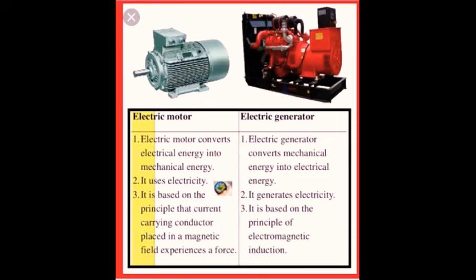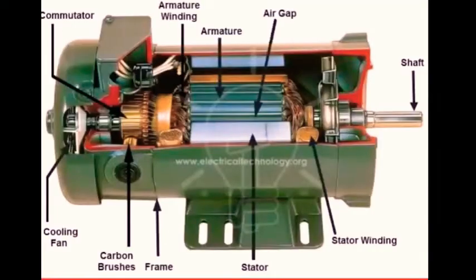Now we discuss the constructional features of any motor and any generator, and what is the difference between both of them on the basis of construction. And now we will discuss the internal structure of any motor, any generator and any machine.